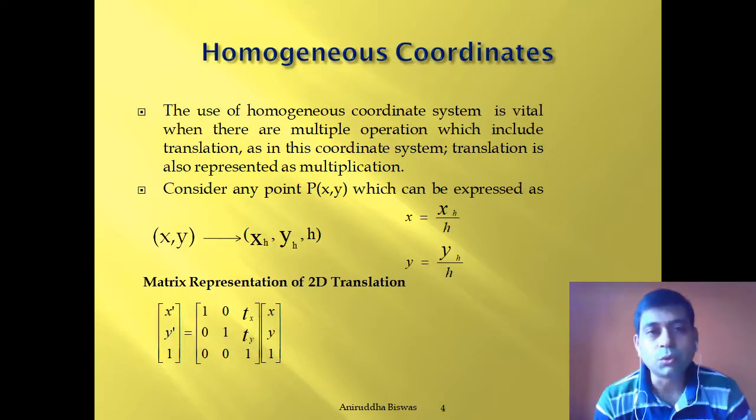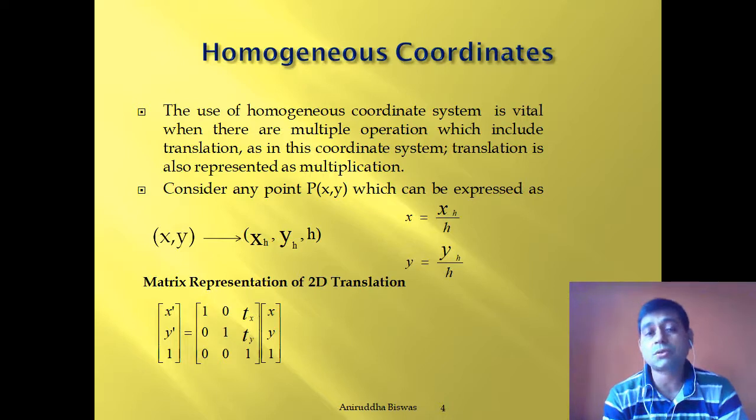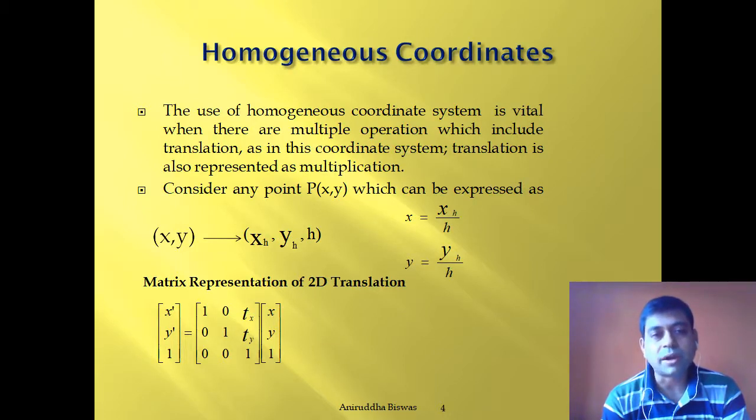Now we need to know what homogeneous coordinates are. Basically, if we have a two-dimensional diagram, that means the coordinates are x and y, then there is a way of representing this two-dimensional figure in a three-dimensional way, where we just add one more coordinate, right?